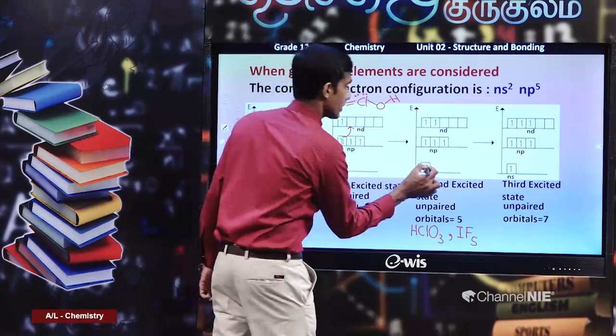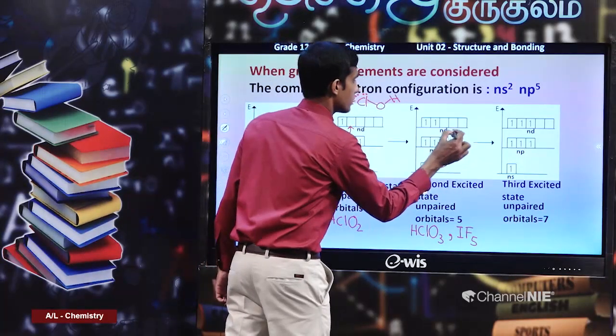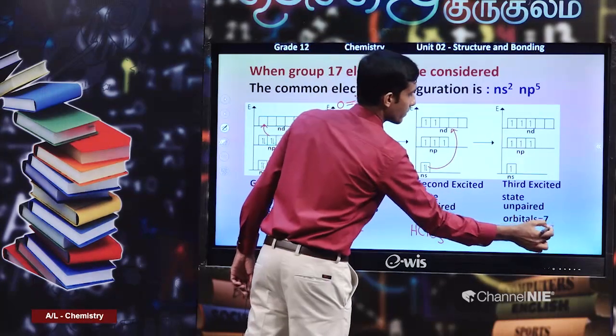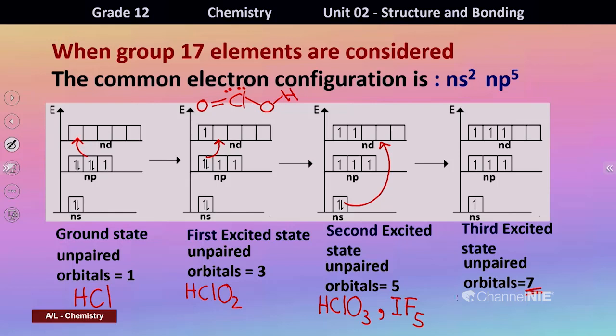Still you have another electron. If there is an excitation, you will end up with 7 unpaired orbitals, and 7 covalent bonds could be formed, like in HClO4 and IF7. In these molecules, the respective halogen central atom has formed 7 covalent bonds.